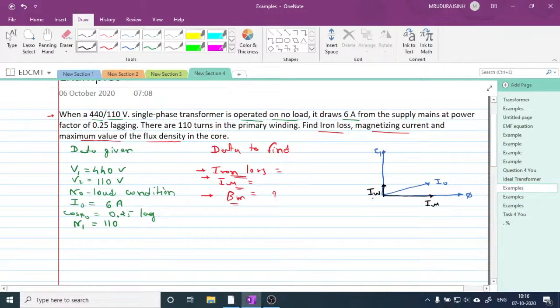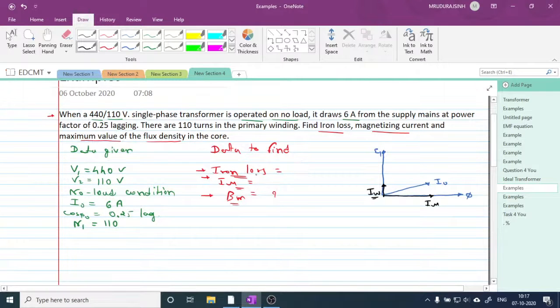The IW current is basically responsible for the iron loss or a minor amount of copper loss in the primary winding. I mu is completely responsible to magnetize the core. So now we have a clear idea of what exactly we need to find.